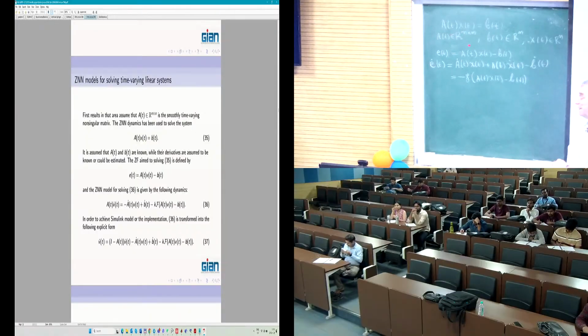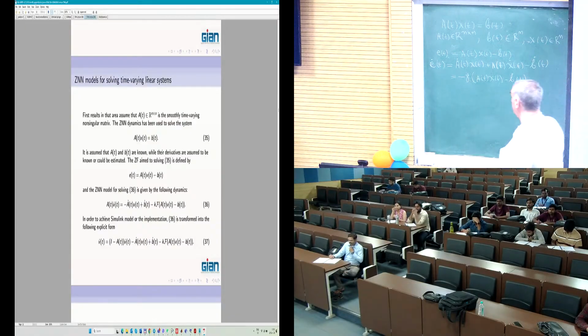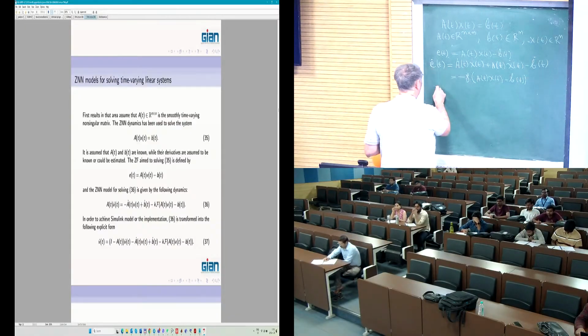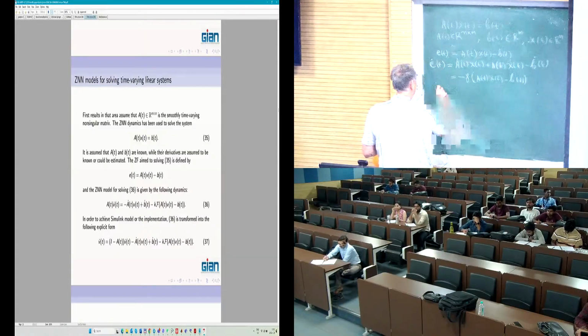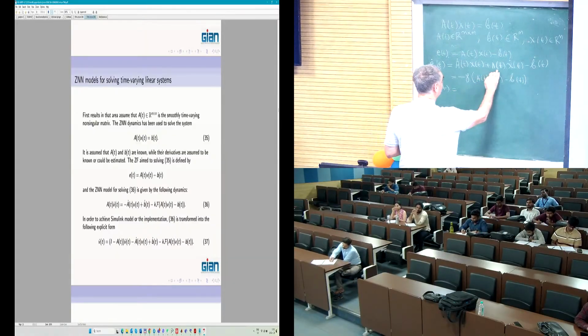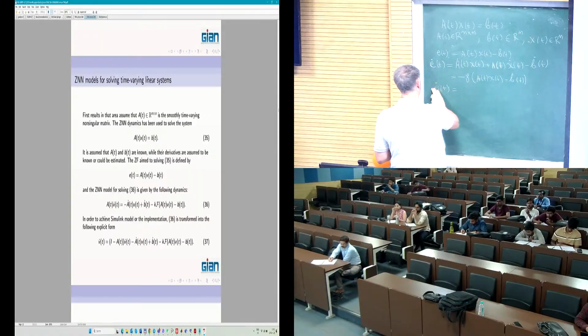If we consider the square case matrix, we spoke yesterday, it will not be completely correct. It is equal to, I will try immediately, x dot of t.